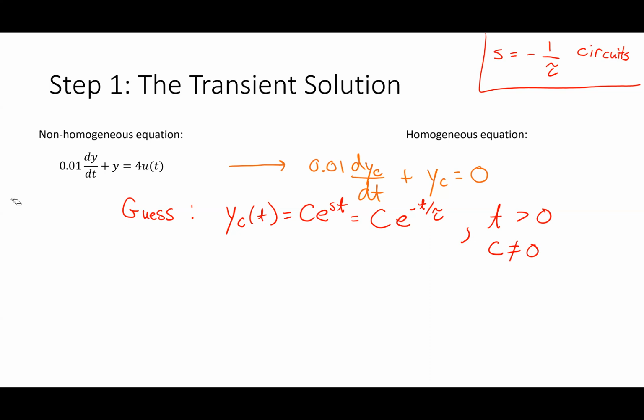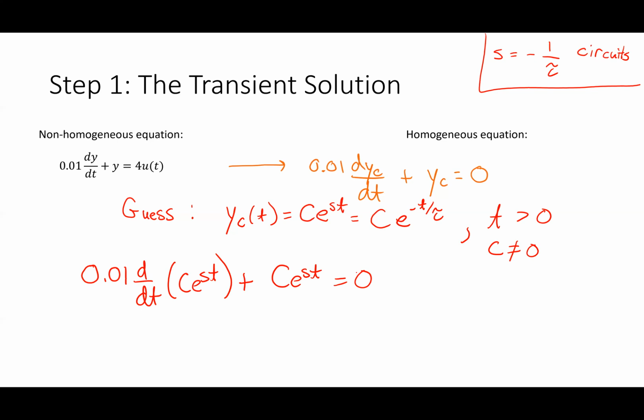So I guessed this and then I blabbered. What do I do with my guess? Plug it in. So I plug it in. I say 0.01 d by dt of c e to the st plus c e to the st equals 0. I take the derivative of the first term.